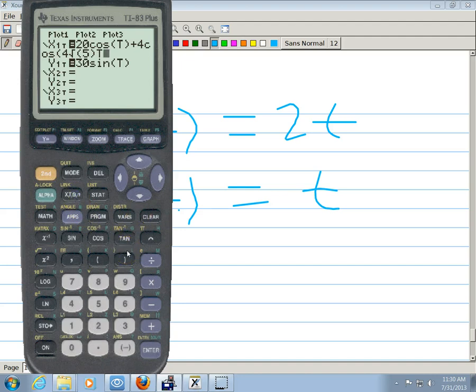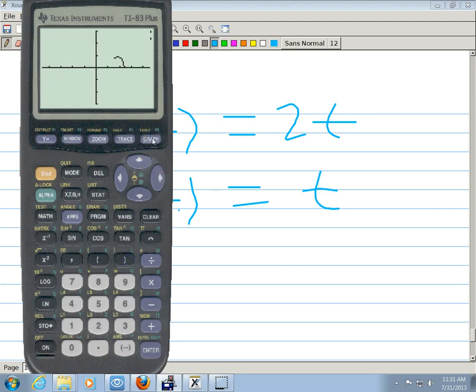Close the cosine. And do something similar down here, but make it plus 4 sine of 4 rad 8, t, close the sine, and graph that.